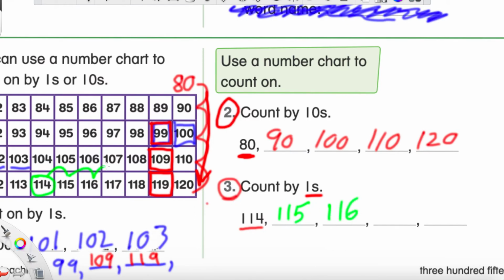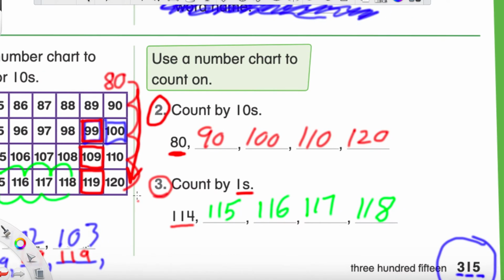Then our next number counting by ones, go over 1, is 117. And then when we hop over one more time, we have 118. So when we count by ones on our 100 chart, we just move over to the right one time. All right, that's it.